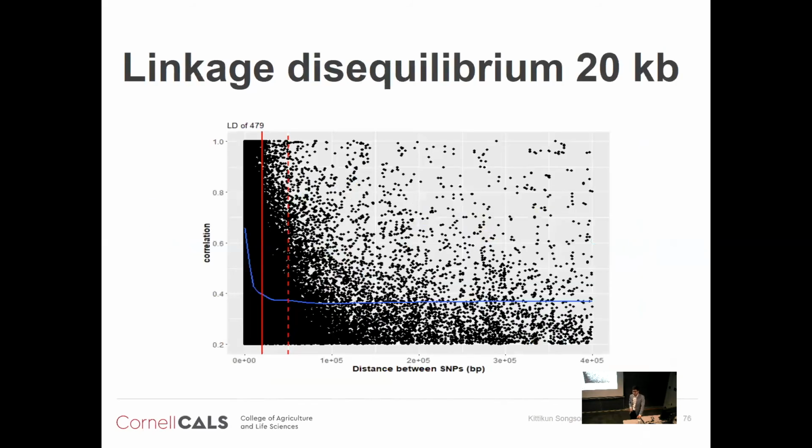The LD, the linkage disequilibrium, gives the idea of how wide the gene linked to the marker is, and in this population it is 20 kilobase pairs.